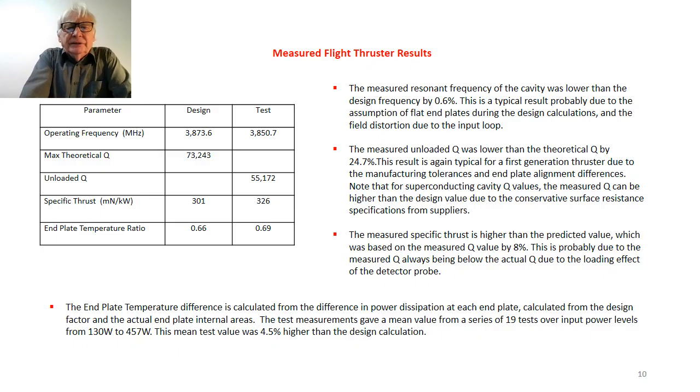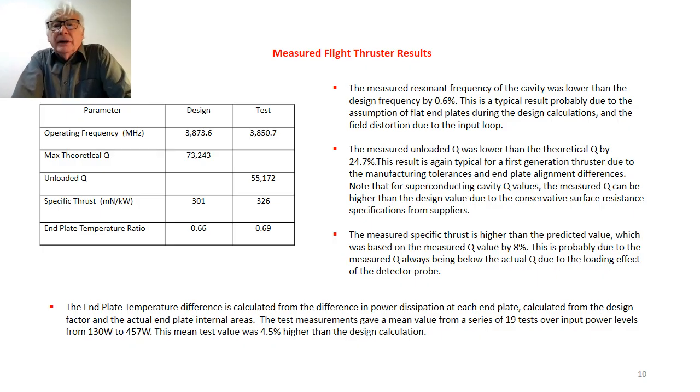Now, we did a lot of careful measurements of Q by doing a swept frequency measurement across the input of the cavity and taking the 3 dB bandwidth to calculate the unloaded Q of the cavity.